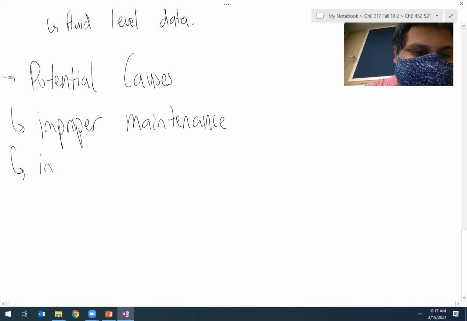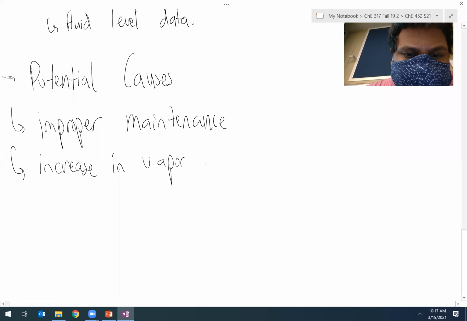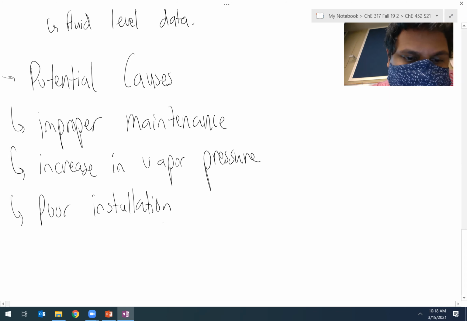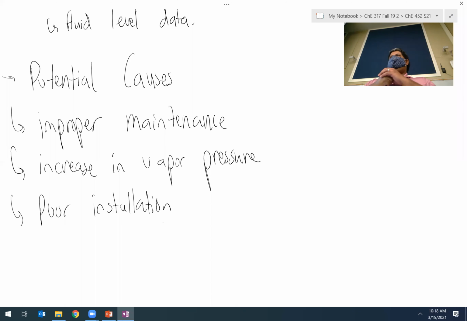Increase in vapor pressure. Poor installation. Anything else? Such as a leak in the line.